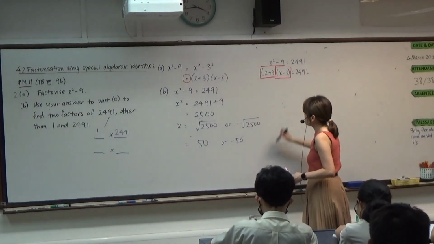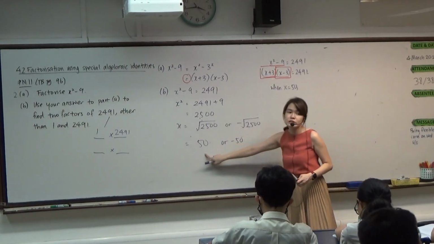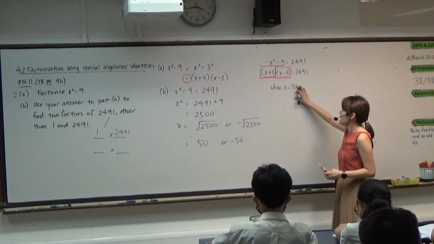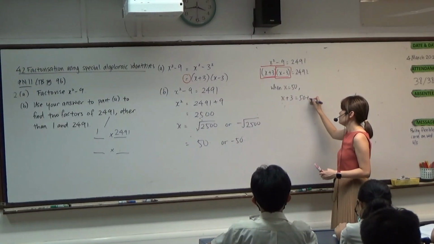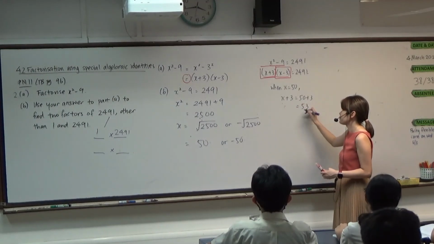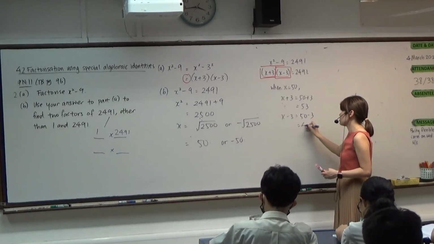Let's say that when x equals 50, because there are two situations, I find that x plus 3 equals 53, and x minus 3 equals 47.